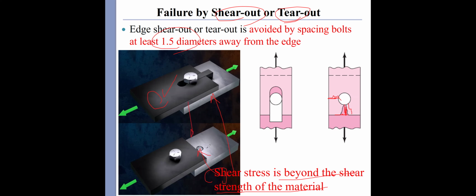And in this case, the bolt, whose shear strength is smaller than the shear stress applied, means the bolts fail first.